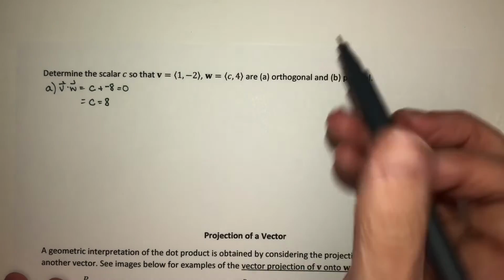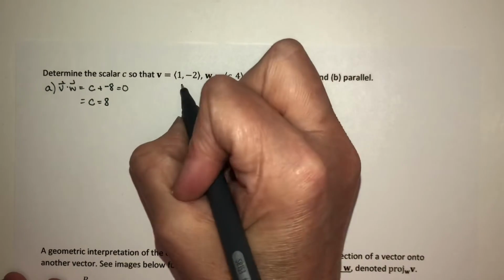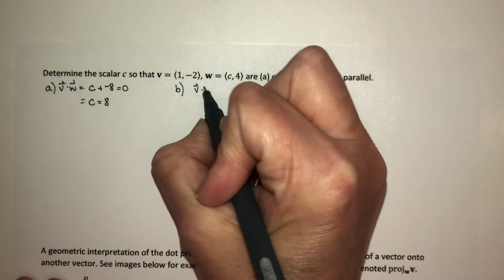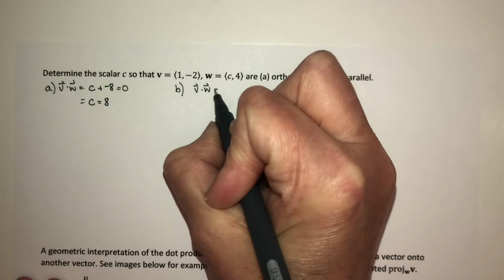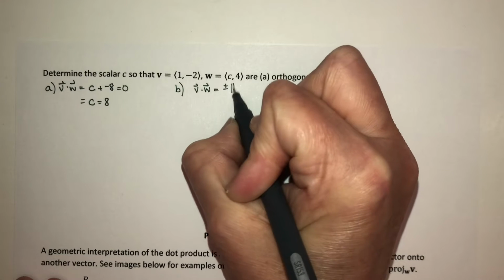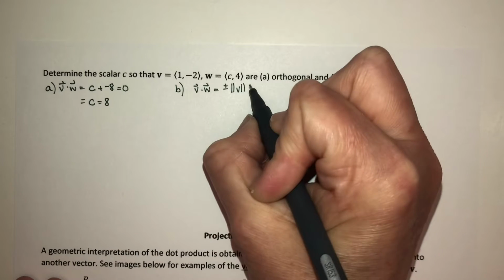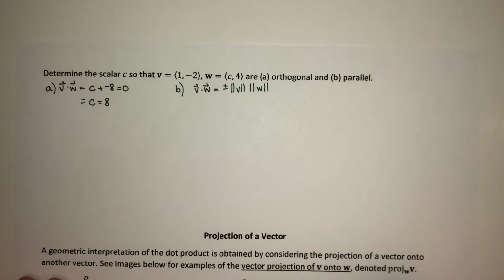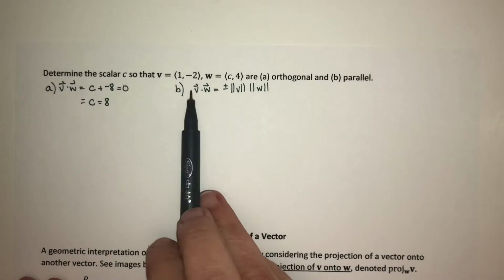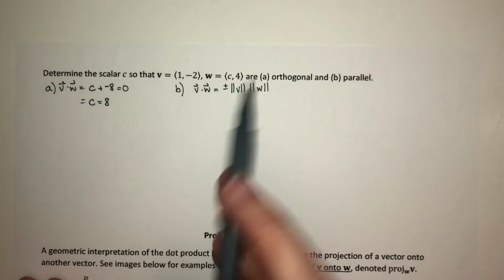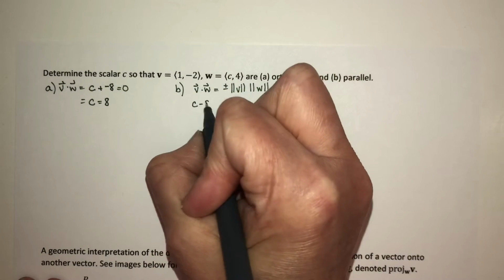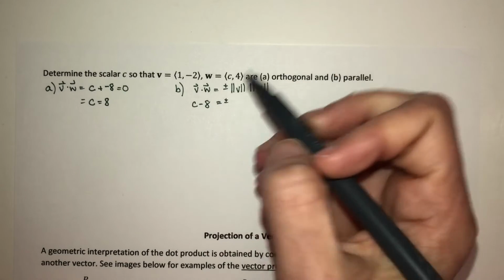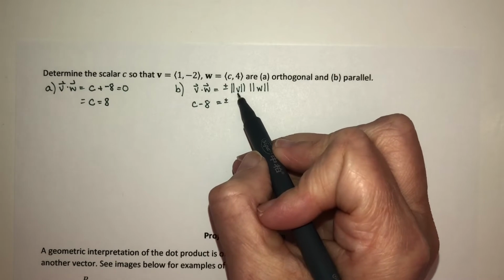Now, in order to be parallel, recall that v dot w needs to equal either plus or minus the magnitude of v times the magnitude of w. We already have an expression for v dot w, which is c minus 8, equal to plus or minus the magnitude of v.